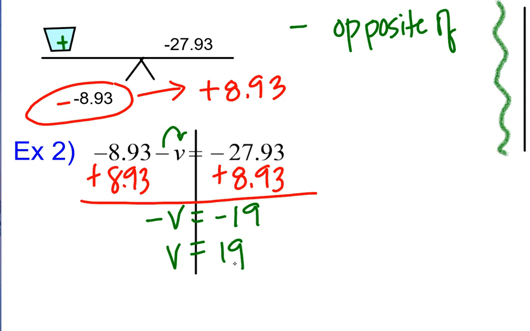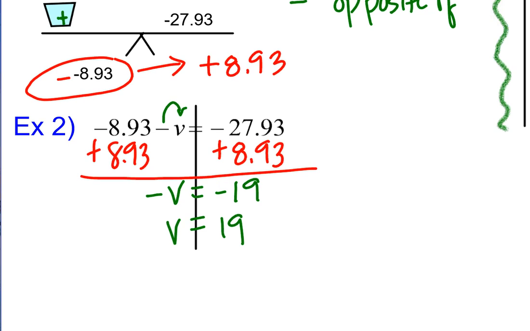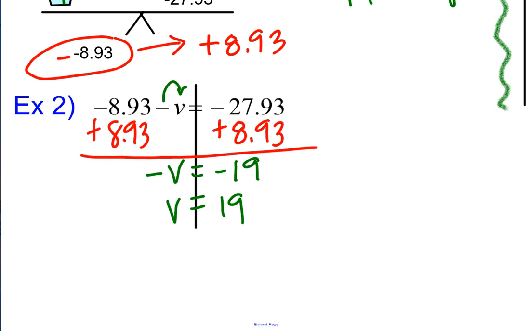Now, we can do this like I just did through deductive reasoning, but we can also explain this a little bit more through some math. So I'm going to show you that as well. If you have a negative number, let's say negative 3, the way I can change negative 3 into a positive number is I can do one of two things. I can either divide it by negative 1, because a negative divided by a negative is a positive, right?